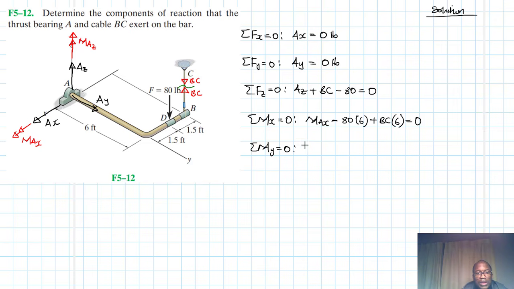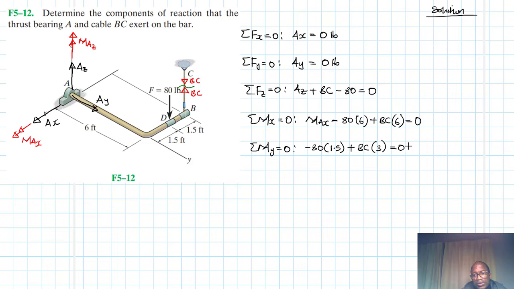AT, using the right hand thumb rule, is causing a negative moment, so it will be minus 80 by 1.5. And then we'll have a plus moment due to BC by the lever arm for BC, which is 3.